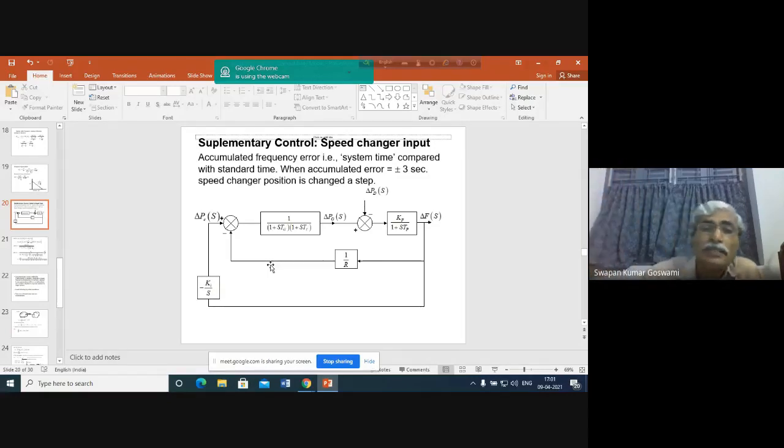Now, after some time, the supplementary control, or secondary control through the speed changer, which is assigned to a single power station, will be in operation, and it will restore the frequency back to the initial value. For this it will be generating somewhat more power, delivering more power to the system.